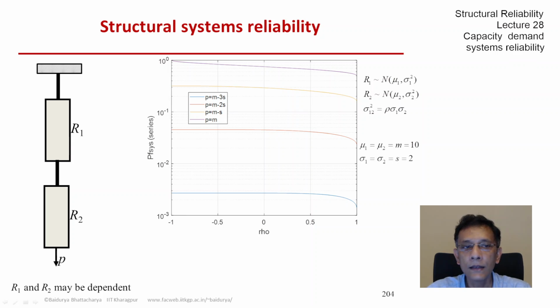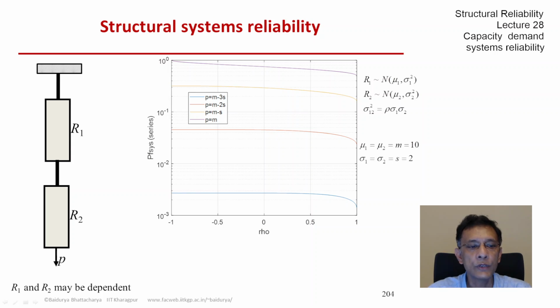The top line, the purple line, corresponds to the case where the load equals the individual mean values. And then at the very bottom, the blue line corresponds to the load equal to mean minus 3 standard deviations. So it starts with 10 and then 8, 6 and 4. So 4 units is the smallest value of the load taken, which is the blue line.